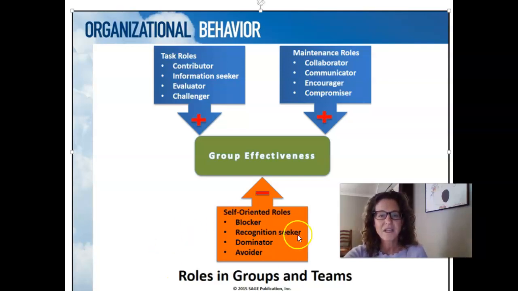Of course, all of these roles negatively contribute to group effectiveness. And so it's the team leader's role to manage the self-oriented roles, the people who are more focused on their own objectives rather than the team objectives.